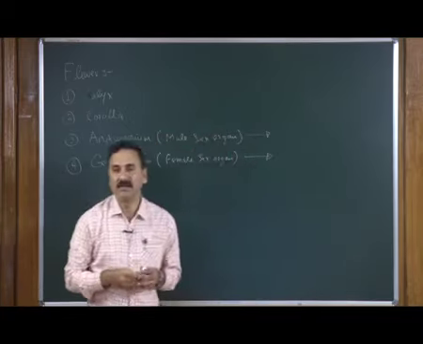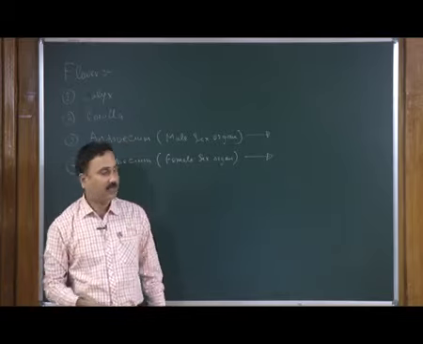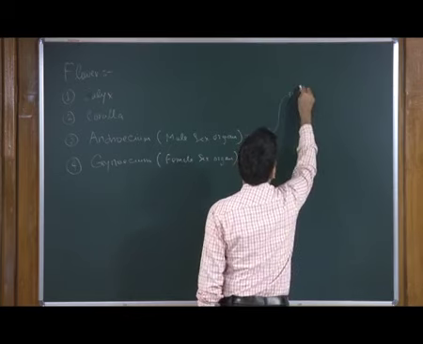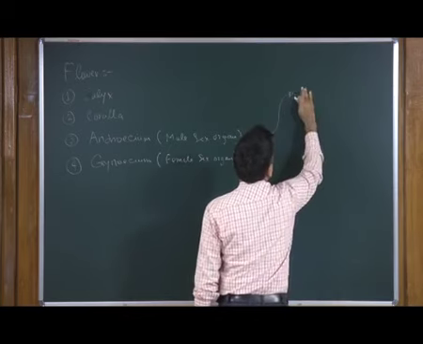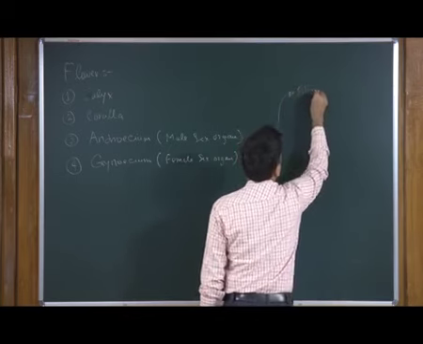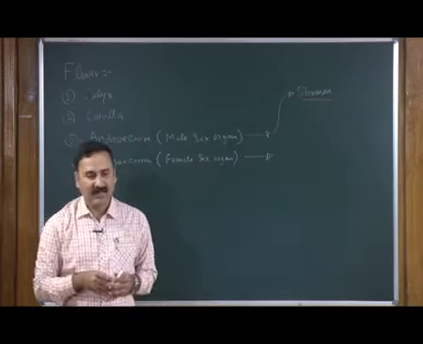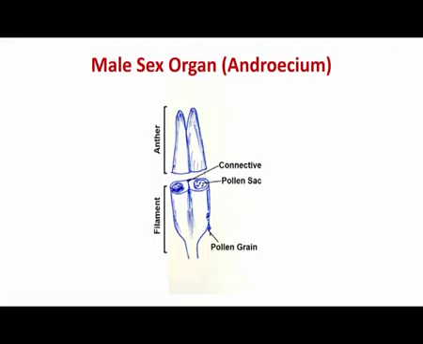Within the male sex organs we have the structure known as the stamen, as you can see in the given slide. Stamens are modified leaves and they are involved with the production of microspores or the pollen grains.